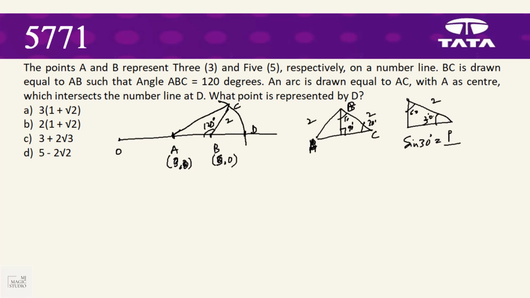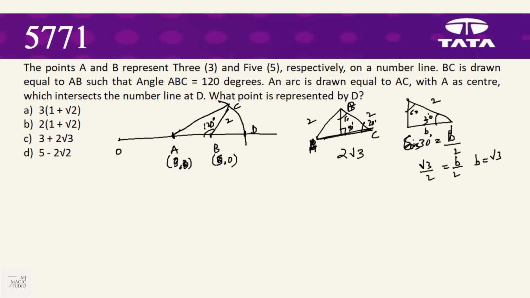I need the length of AC. So cos 30 degrees is base by 2. Cos 30 degrees is root 3 by 2. That means root 3 by 2 equals b by 2, so b is equal to root 3.